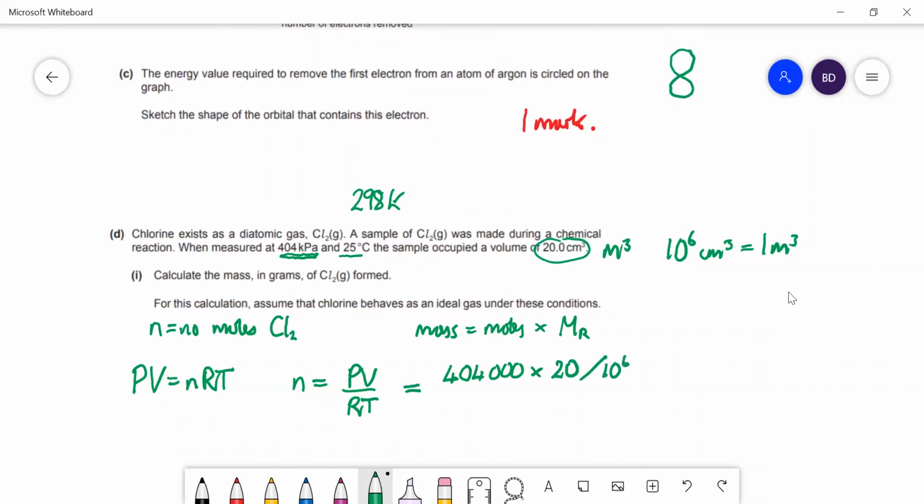That's the volume in meters cubed. Then we want the ideal gas constant, which is 8.31, and the temperature in kelvins, which is 298. Put that into a calculator and you get 3.26 times 10 to the minus 3 moles of chlorine.